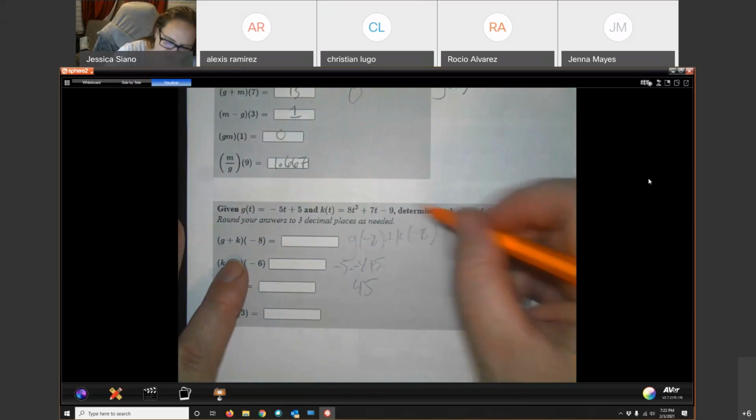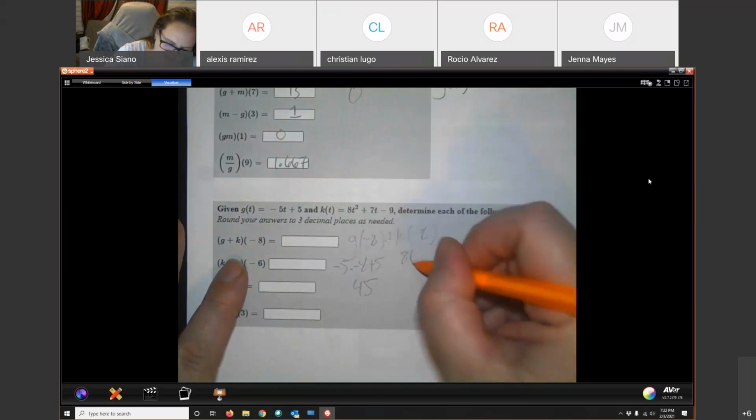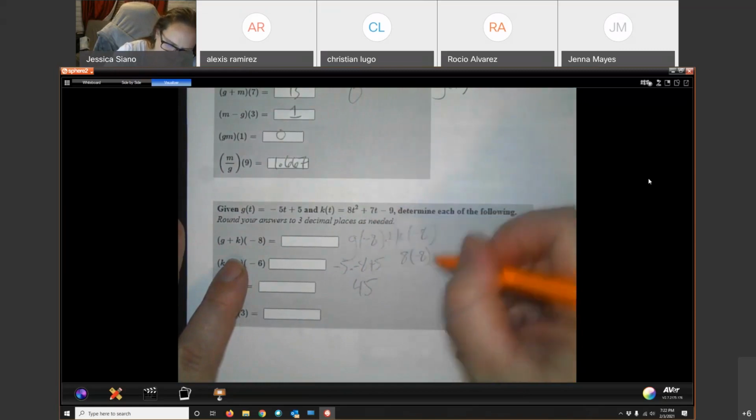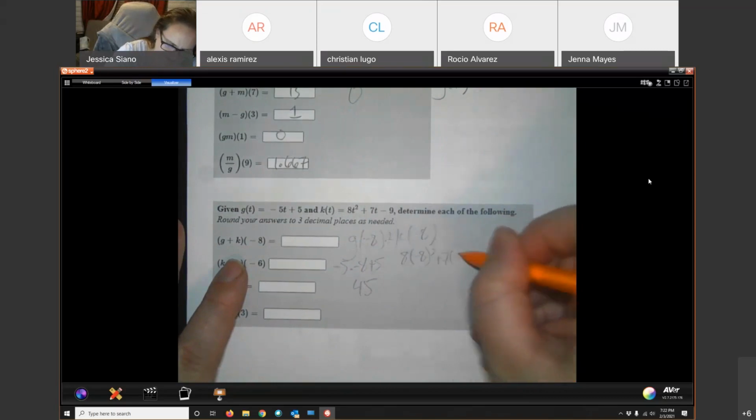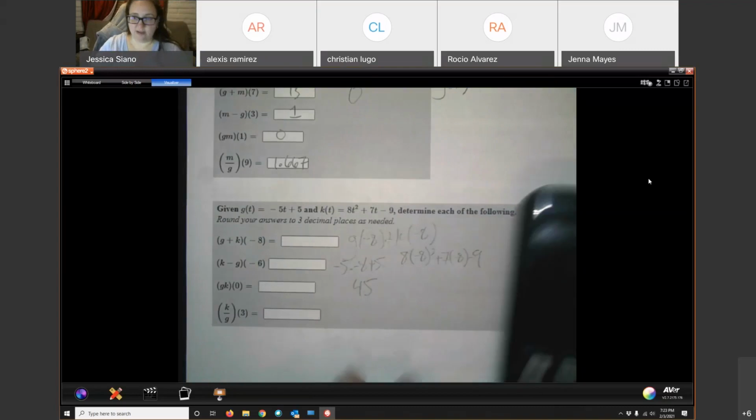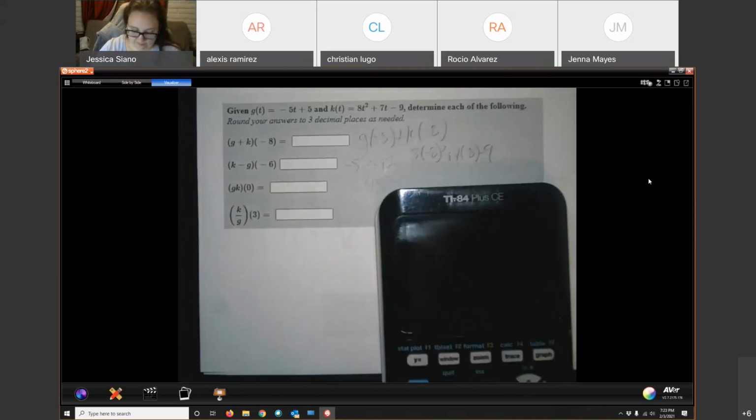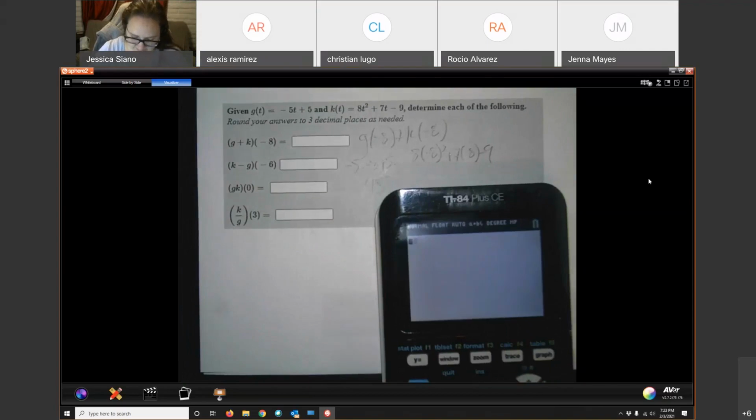Then we need to figure out what is k of negative 8. So that would be 8 times negative 8 squared plus 7 times negative 8 minus 9. I'm going to do that in the calculator because I just think that it makes more sense that way.